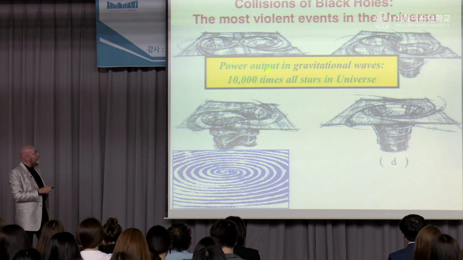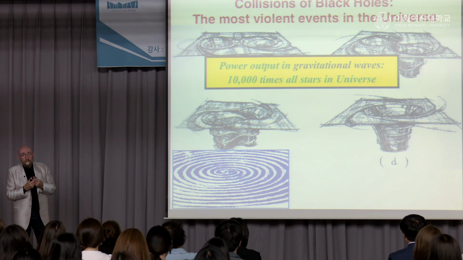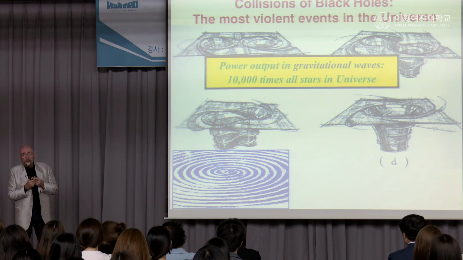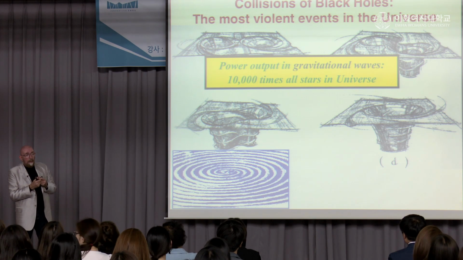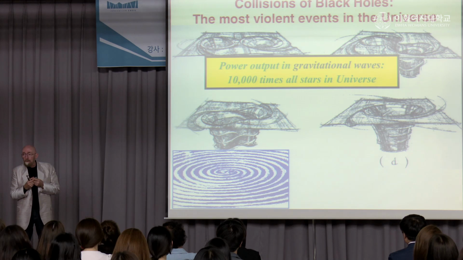The total power output, the luminosity in gravitational waves, during the collision is 10,000 times larger than the total luminosity of all the stars in our universe put together.